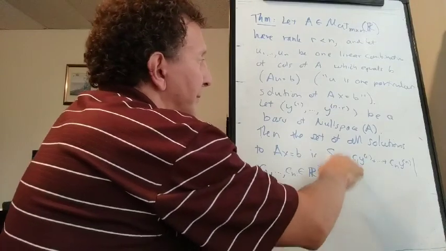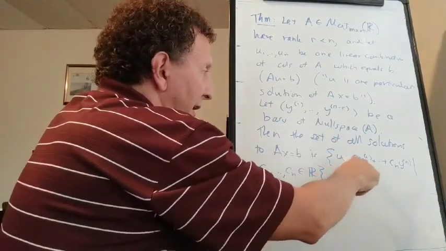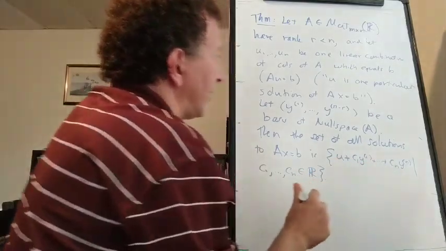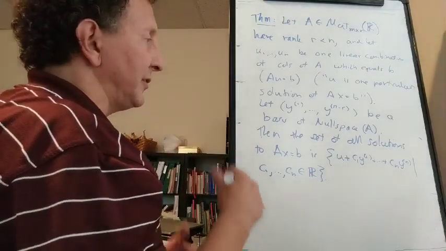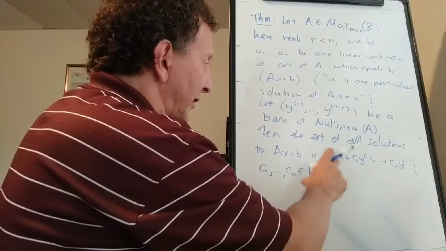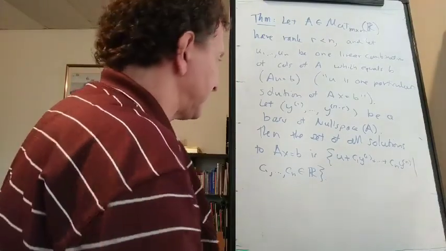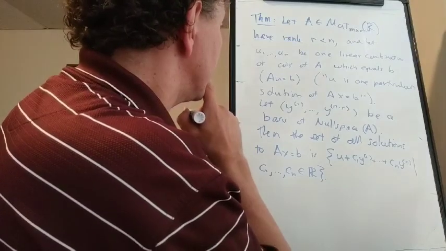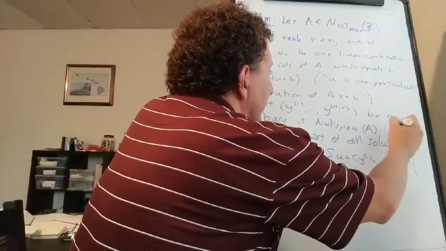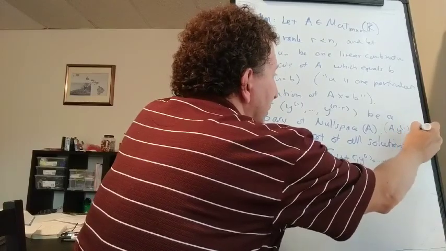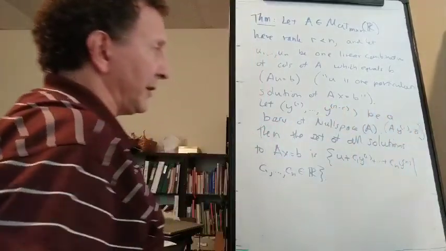So we just take one particular solution, any solution we want, and take all possible linear combinations of solutions to AX equals 0, and add those together, and we've got the set of all possible solutions to AX equals B. So A times Y, any one of these equals 0. That's what it means for something to be in the null space.